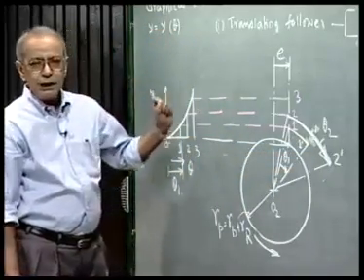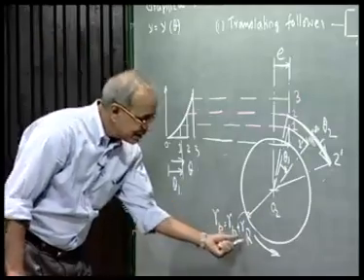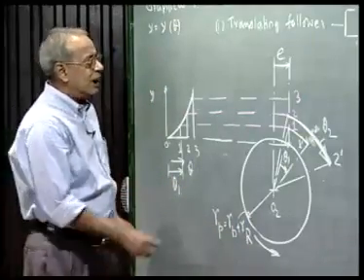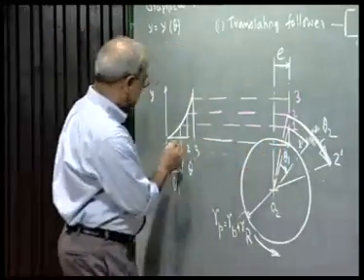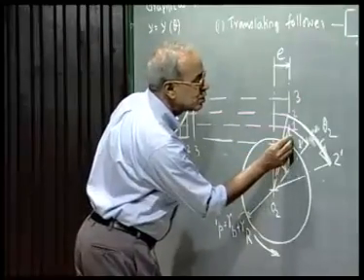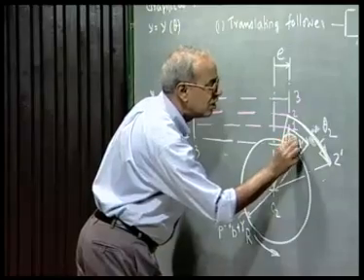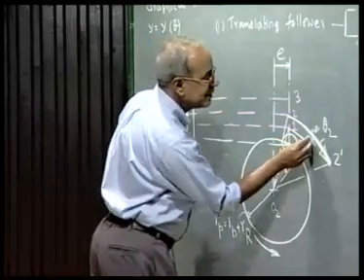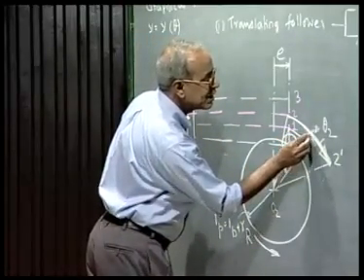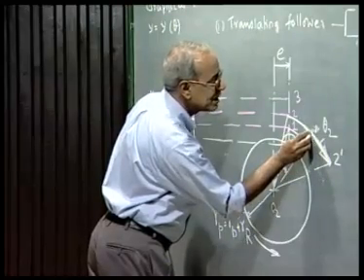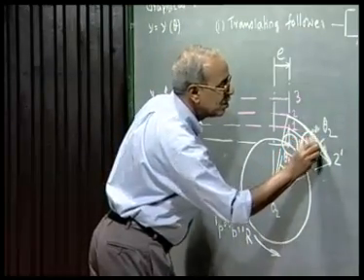What is the trace point? The trace point is the roller center, and the roller radius is given. So everywhere, corresponding to 0, this is 0, so I draw the roller whose radius is given. Here again, this is the inverted position. With this point as center, I draw the roller.